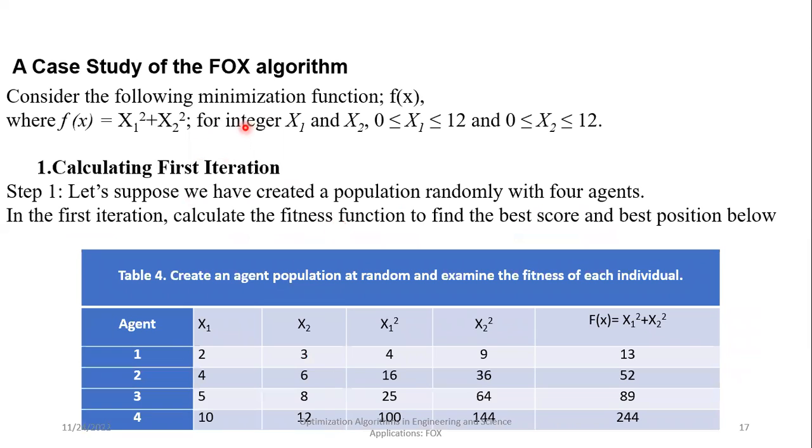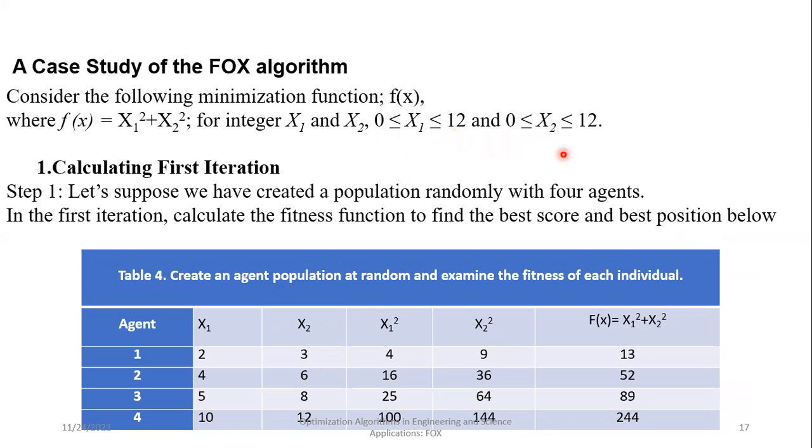The case study that I'm going to show you is a simple implementation of an example, so that we can implement it step by step. We have f(x) = x1 squared plus x2 squared, with x ranging greater than or equal to 0 and less than or equal to 12.